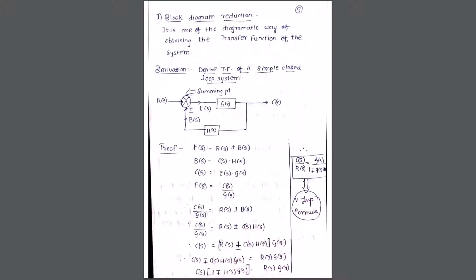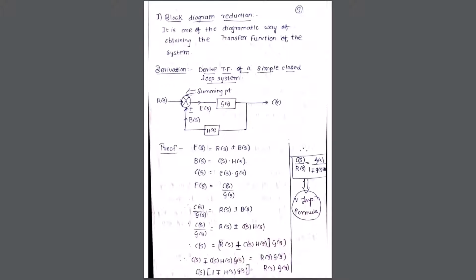One summing point should have a minimum of two inputs. I repeat, it's a very important point. You will find this application later in the numericals. A summing point will always have a minimum of two inputs or more. But if a summing point has only one input, that summing point is redundant, and you can remove it from the block diagram.